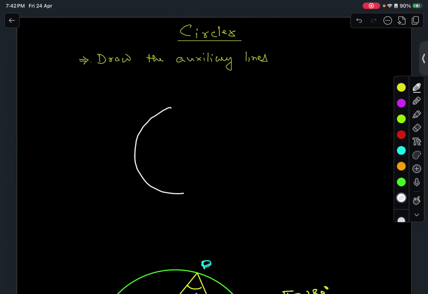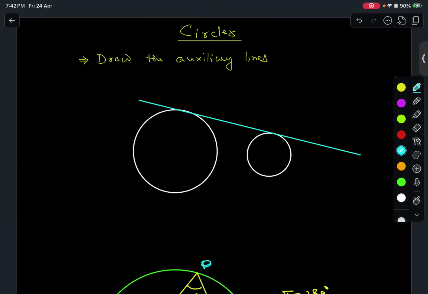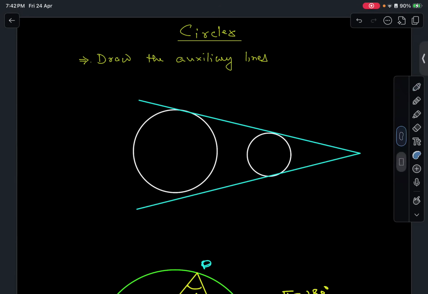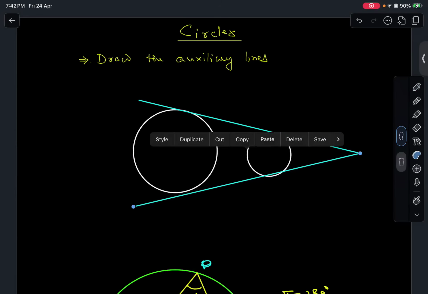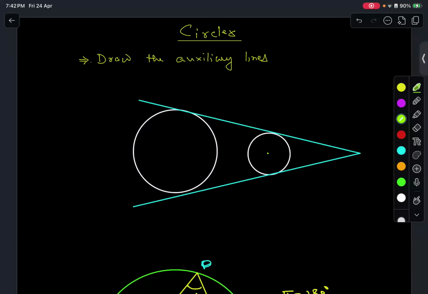One interesting thing: if I take two circles, I'm able to draw two direct common tangents. The best part of these direct common tangents is from the center.